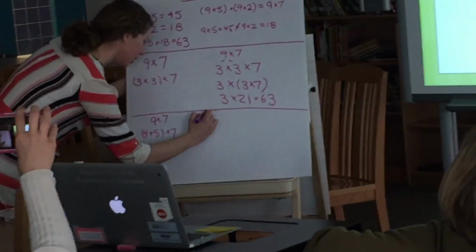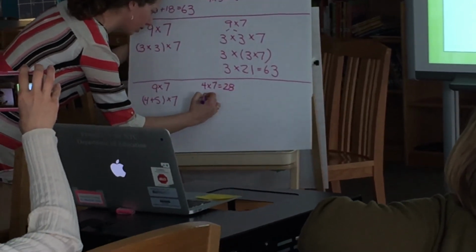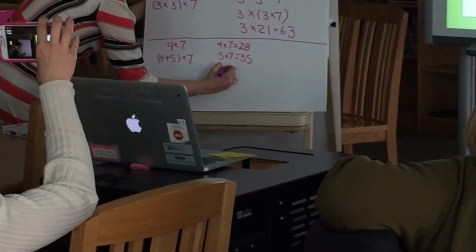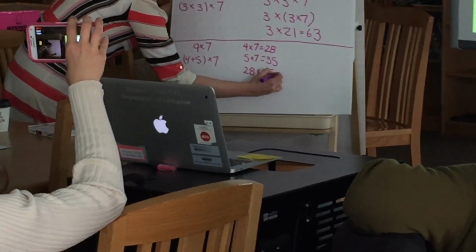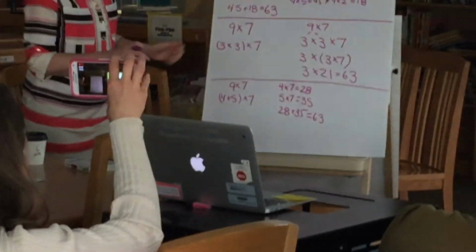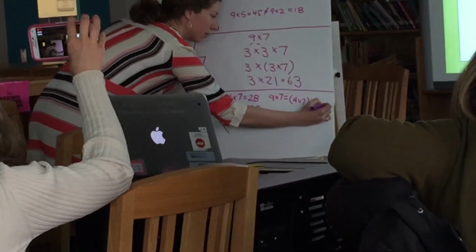So you thought about this as 4 times 7 being 28, and 5 times 7 being 35, and then those partial products of 28 and 35 being 63. So in the end, you were thinking about 9 times 7 as 4 times 7 plus 5 times 7.